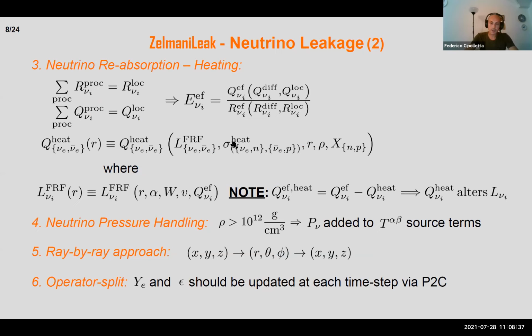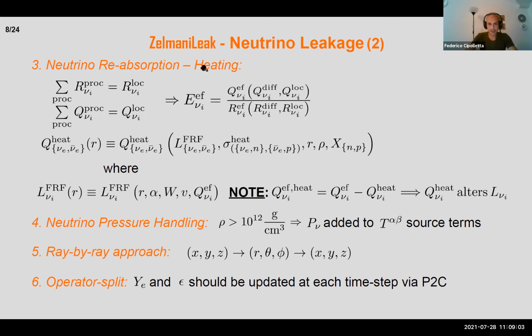So considering heating alters the luminosity of neutrinos. In addition, the ZelmaniLeak code deals with the pressure. So in the absorption regime, the neutrino pressure is added to the source term.